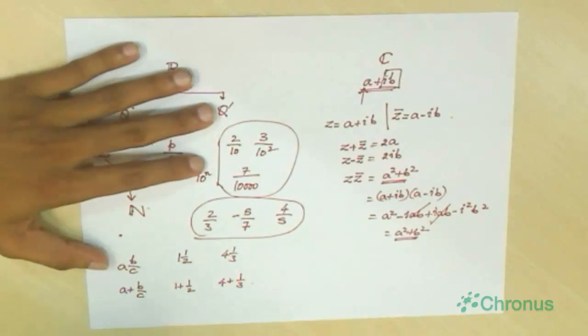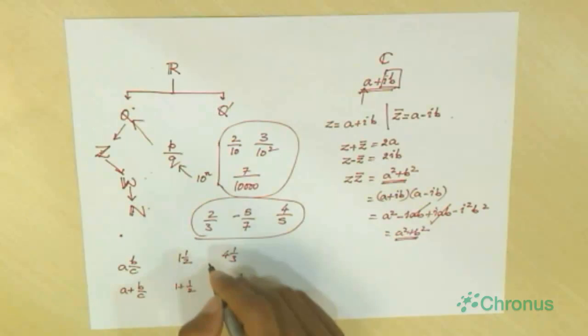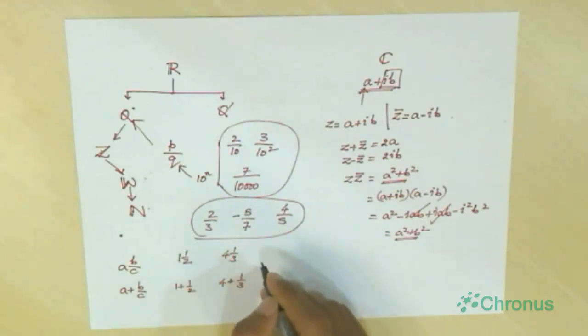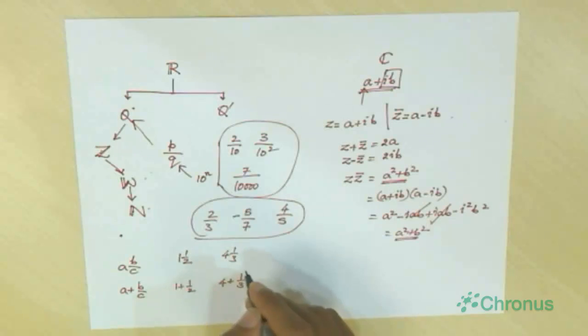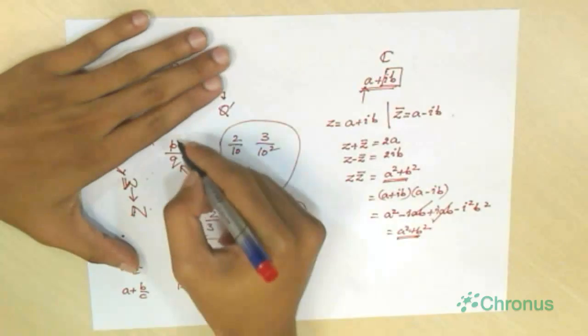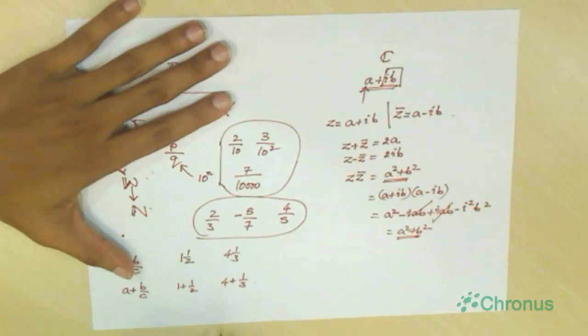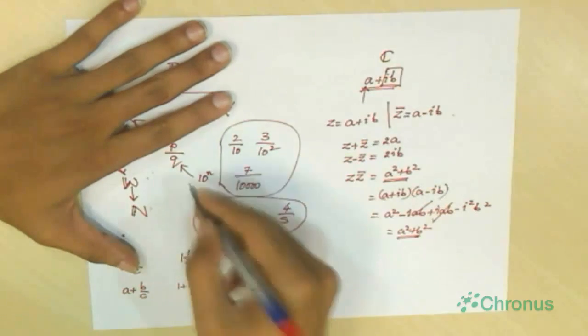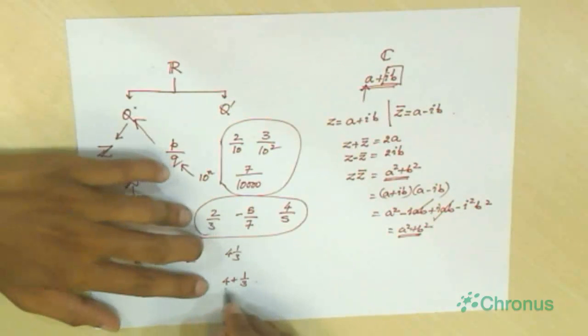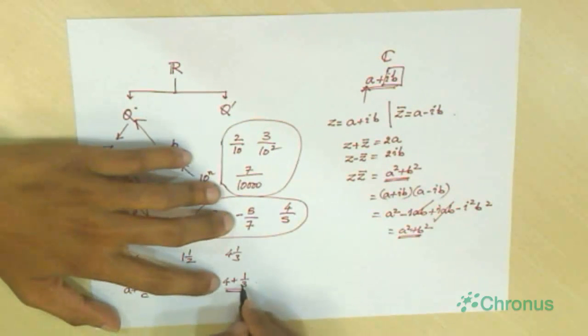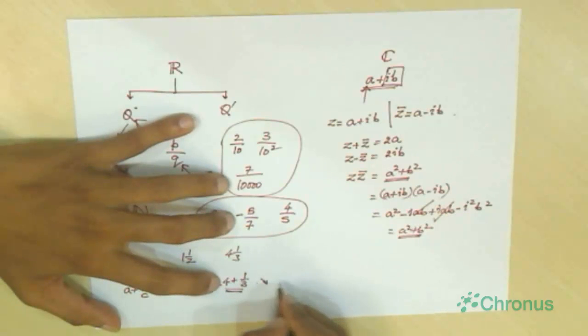When we have a mixed fraction, we need to convert it into a proper fraction. Something which is of the form p by q is called a perfect fraction or a regular fraction, and this is an improper fraction. So to convert this, suppose we have 4 plus 1 by 3. We multiply and divide with the denominator of this fraction here. So we say 12 by 3 plus 1 by 3, which is nothing but 13 by 3.